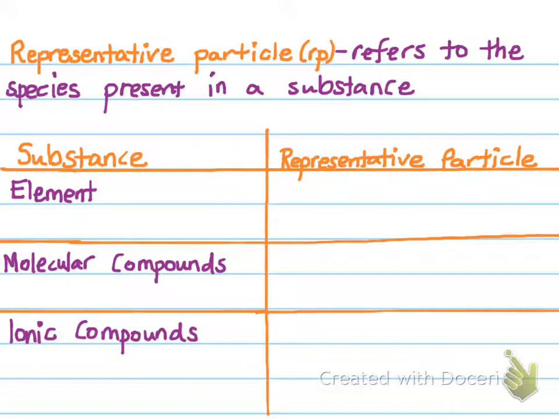So, what I want you to think about is, how do you know a substance is a molecular compound? What's your test, if you will? Remember, a molecular compound is made of 2 non-metals. And remember, our non-metals, on our periodic table, there's that heavy stair-step line.